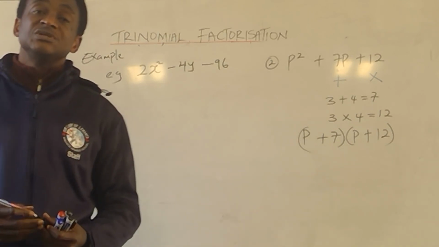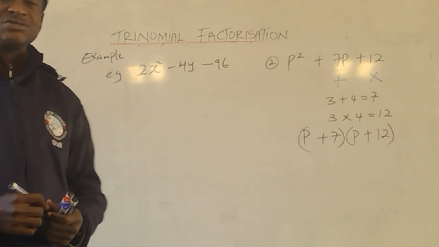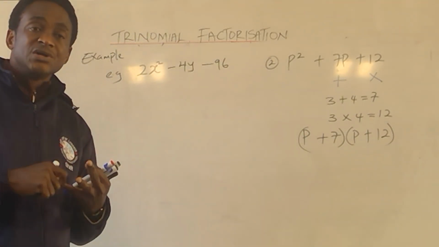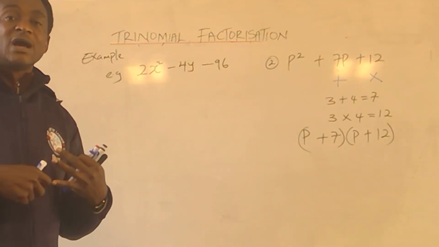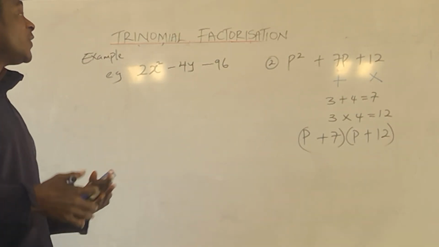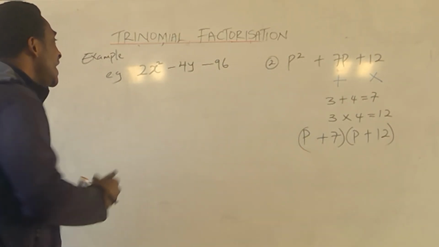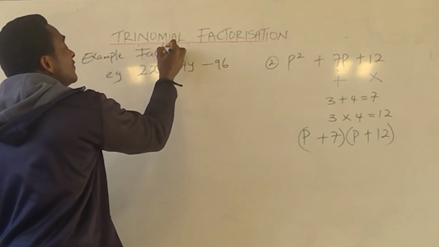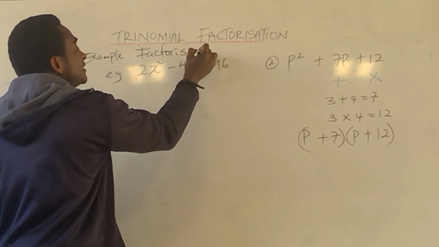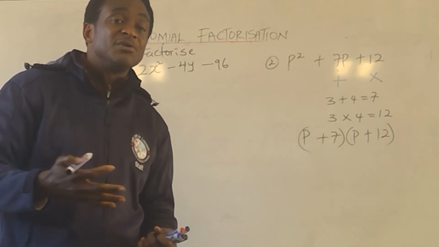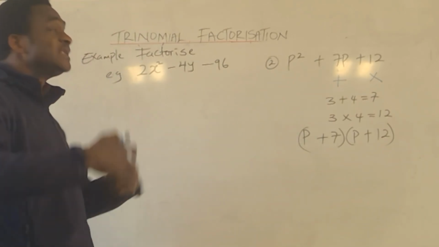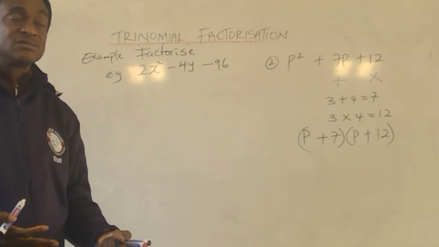Remember, we have many methods of factorization, including the common factor, difference of 2 squares, grouping, trinomial, and then we also have cubic. Whenever you are asked to factorize anything, first of all, try the first method, which is the general method, the common factor. If it doesn't work, that is when you start trying the other methods.